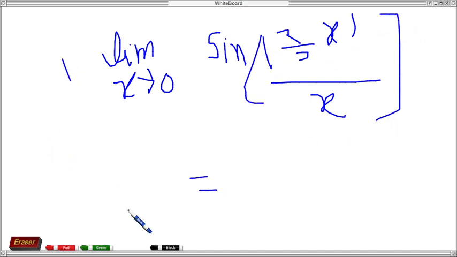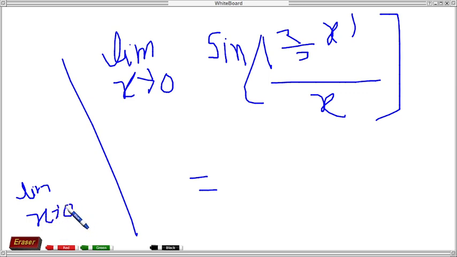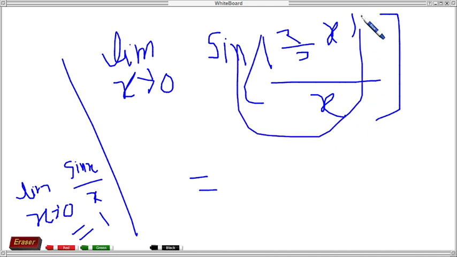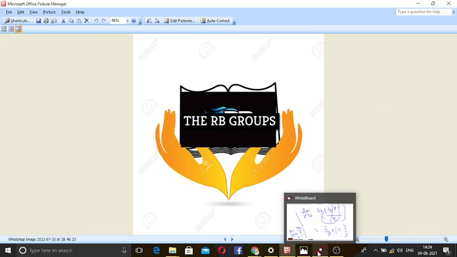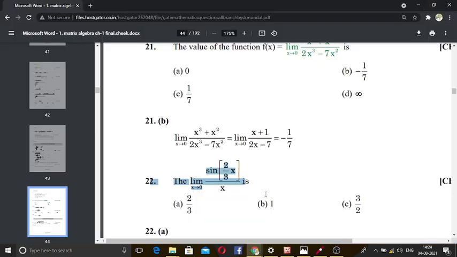What is the value of limit as x extends to 0 of sin x by x? Tell me. The formula is that the limit as x extends to 0 of sin x by x is 1. So this will become 1, and 1 into 2 by 3, that means 2 by 3 is the answer. So option number A is your correct answer.